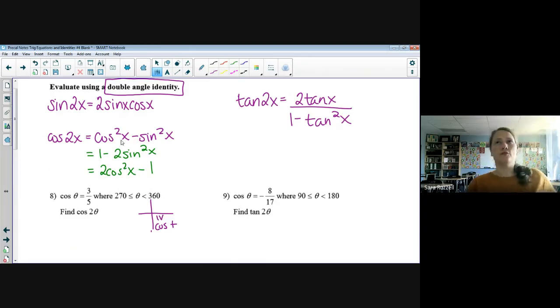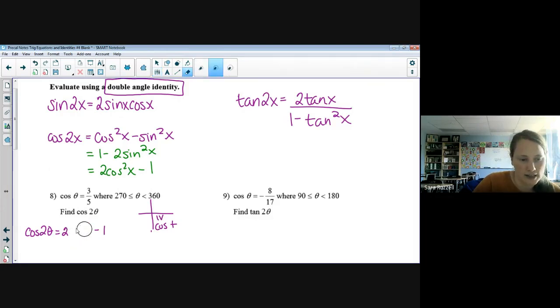Okay, so we want to figure out what cosine of 2 theta is, given that cosine is 3/5. So I'm going to pick this formula because I know what cosine is, and I can just plug it in and I'll be able to find the number. So cosine of 2 theta is 2 cosine squared theta minus 1. But I'm going to write this instead like 2 times cosine theta in parentheses squared, minus 1.